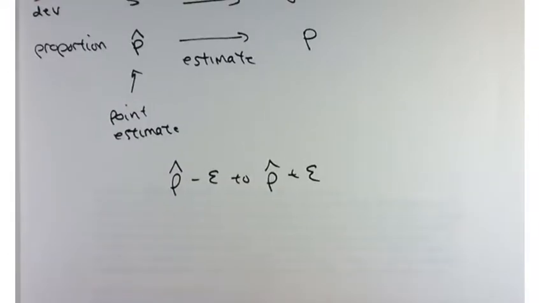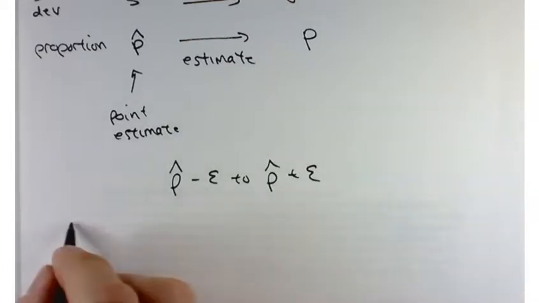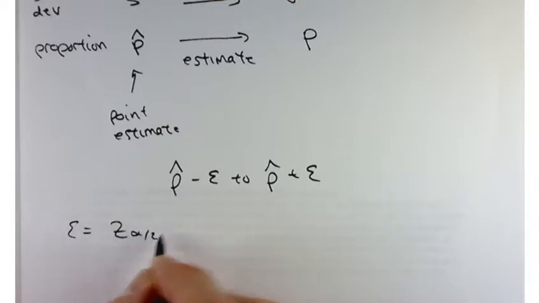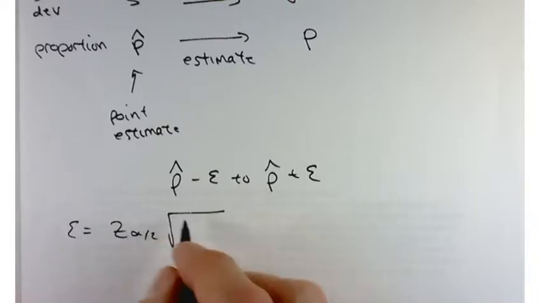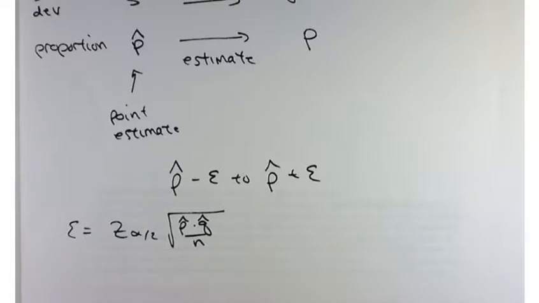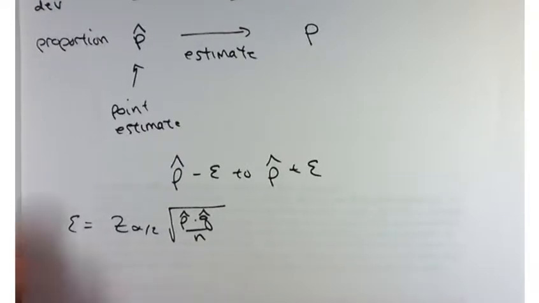And that little bit is denoted with an E, and represents our error. I can give you the formula for that in a little bit. Let me give you the formula right now. E is going to be z sub alpha over 2 times the square root of p hat times q hat divided by n. So that's our error formula.